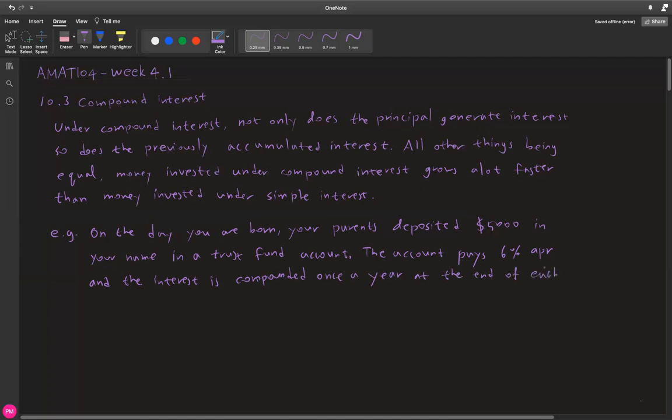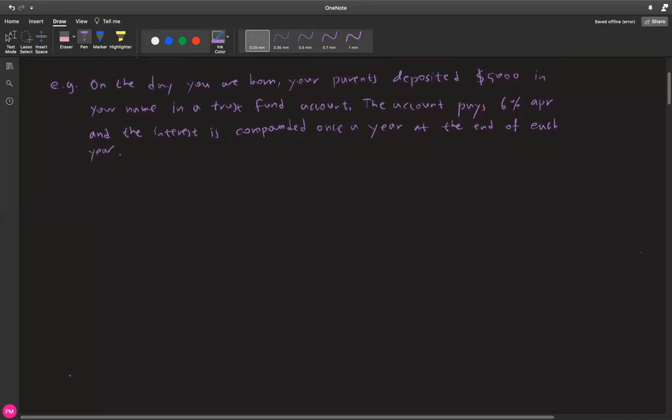Each year. So let's do some calculation here. So let's look at the balance and see how it grows.